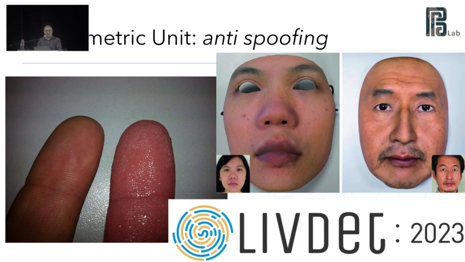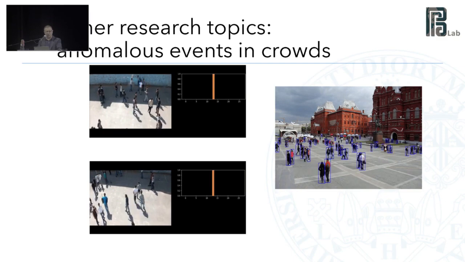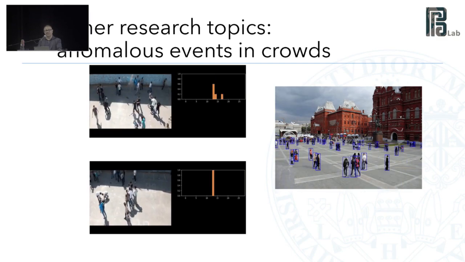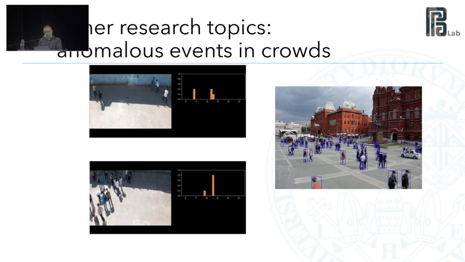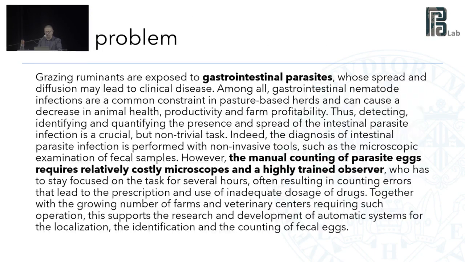We also have an important asset in biometric anti-spoofing, especially fingerprints, where we gained a large experience in fabricating spoofed fingers, and we are also the organizers of the International Fingerprint Liveness Detection Competition. Last but not least, we also work in anomaly detection in crowd, thanks to a project recently funded on the theme of Boolean action recognition.